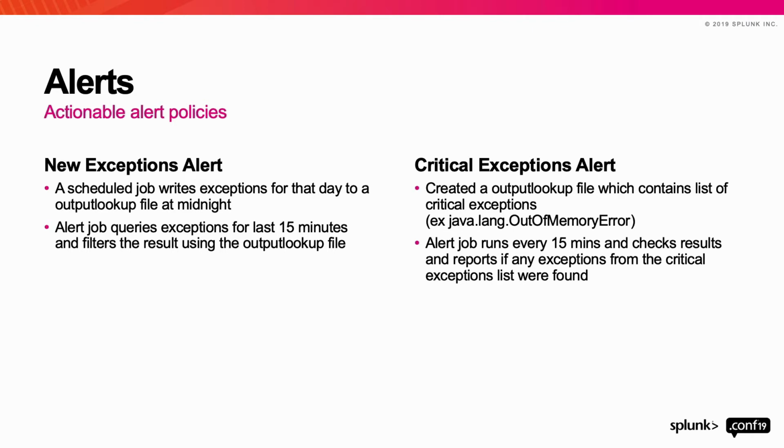Then we have an alert job that runs every 15 minutes. It uses the inputlookup command, which just creates a new set. It compares that set with the previous set, and if it finds something that is part of the critical exceptions, then we get notified.